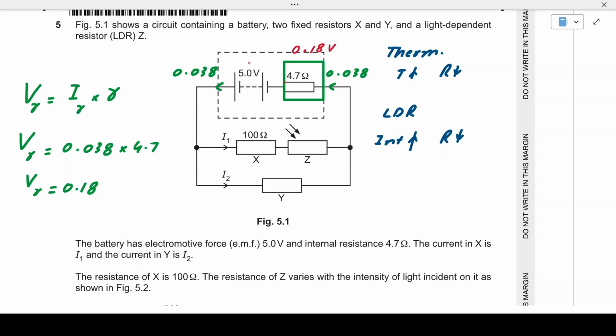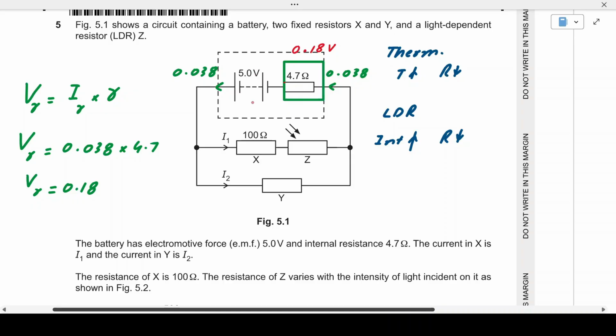It means out of 5 volts, 0.18 volts will be dissipated across the internal resistance, or lost inside the internal resistance.